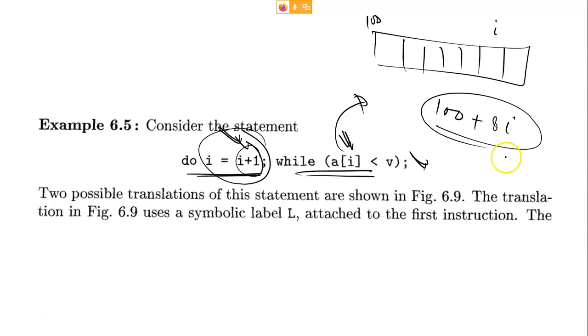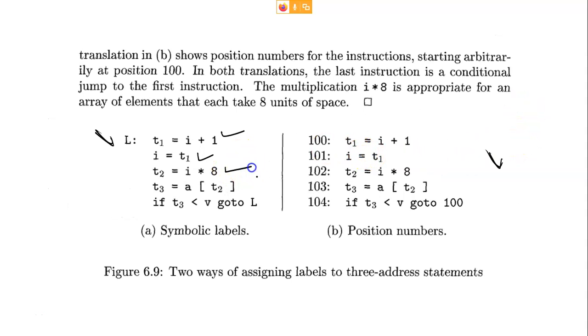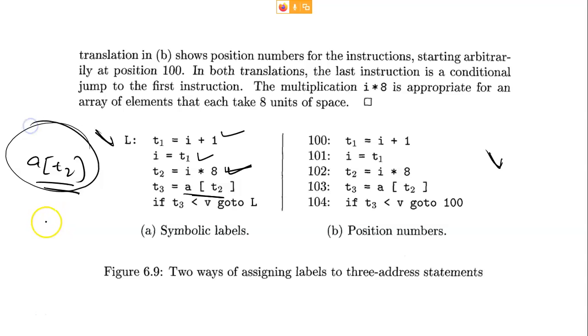Of course the 3 address code is close to the assembly language code, so first you need to calculate 8 into I. Why are we calculating this? Because when we use this instruction A T2, this instruction means that this is the base address and this is the displacement.